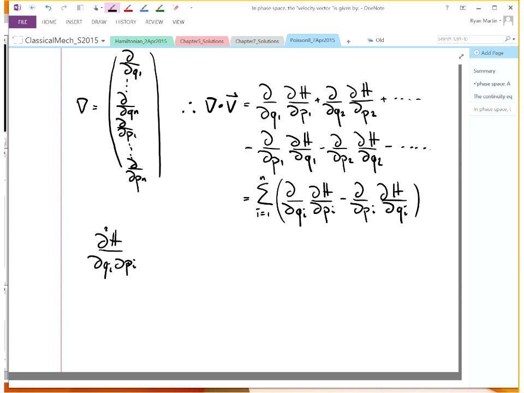Notationally, that's just the same as the first term. The second term I can write as ∂²H, but then I invert the partial derivatives. So if you look at the two terms, they look exactly the same. I just switch the order of the q's and p's and put a minus sign in there.